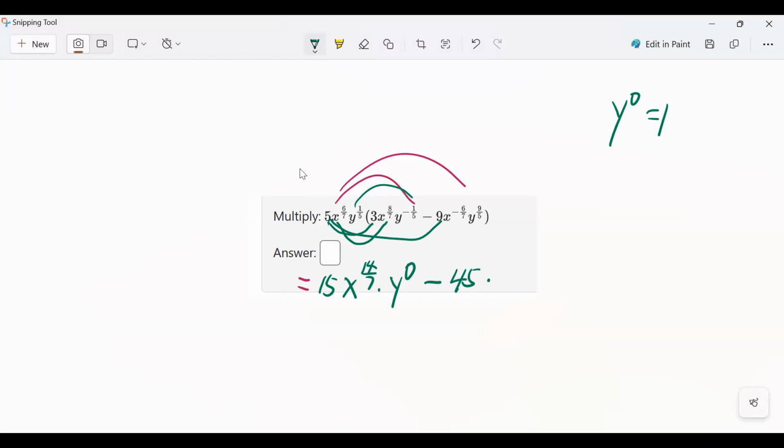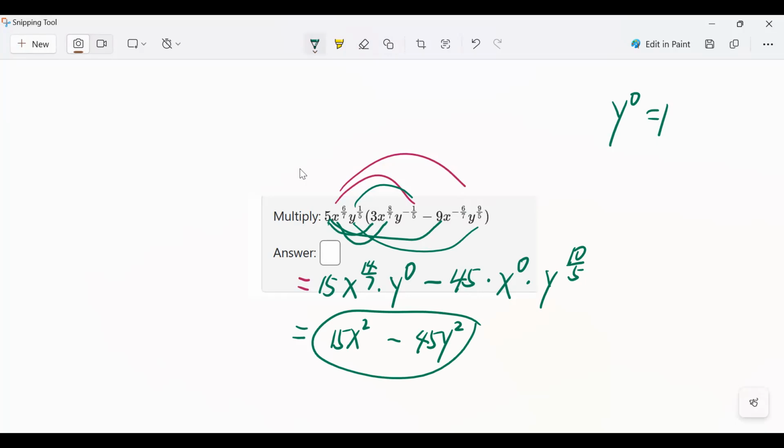Again, they have opposite exponents, so they offset each other and get 0. And for the y part, y to the 1/5 times y to the 9/5, so it's y to the 10/5. Then we simplify, so 15x squared minus 45y squared.